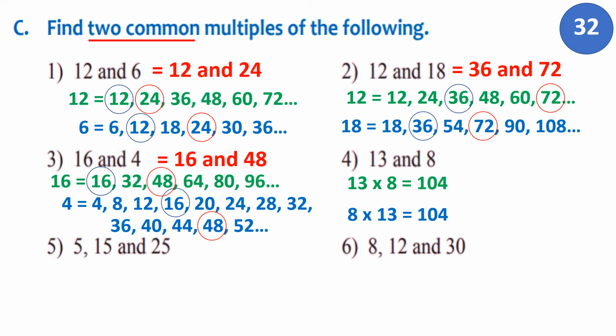This is the first common multiple of 13 and 8. The other one is 13 times 16, which is 208. Correct, students? And then the other one is 8 times 26, which is equal to 208.